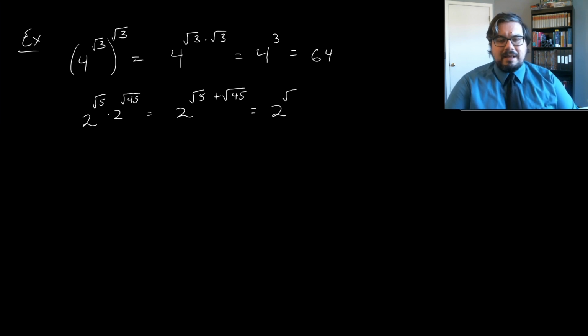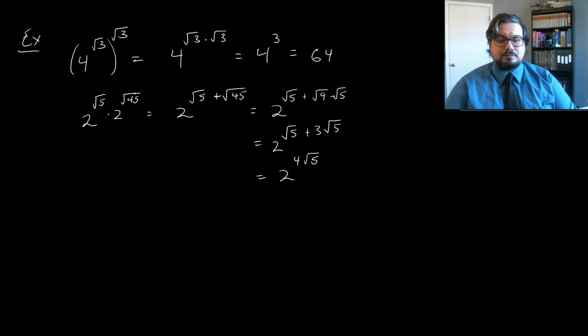This we can simplify a little bit, because the square root of 45 is the square root of 9 times the square root of 5. But the square root of 9 is 3, so we get the square root of 5 plus 3 times the square root of 5. So we get 2 raised to the 4 times the square root of 5.